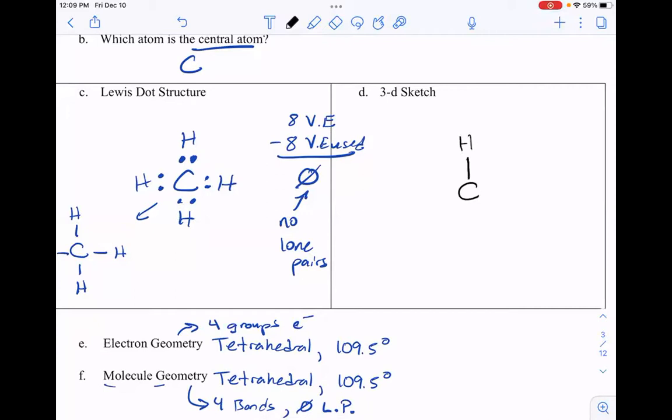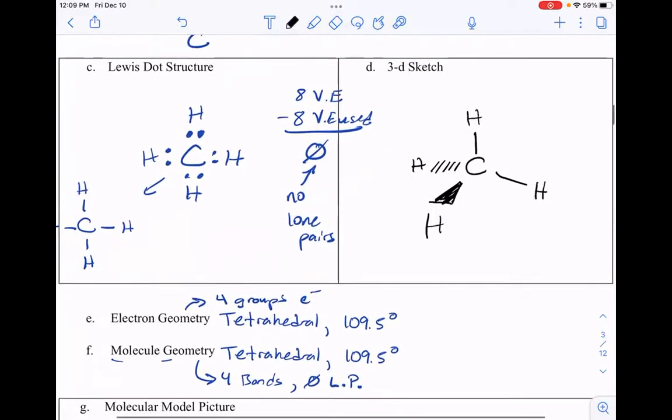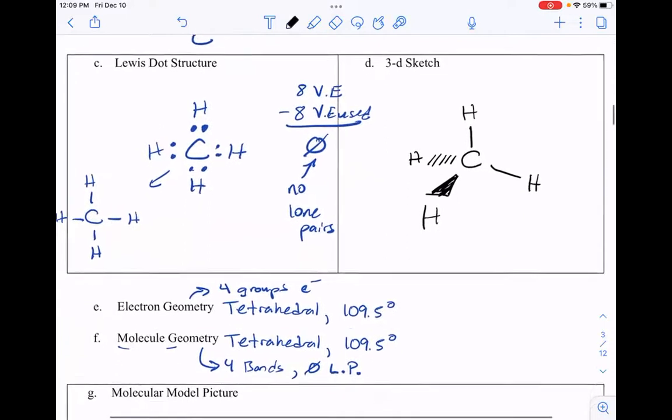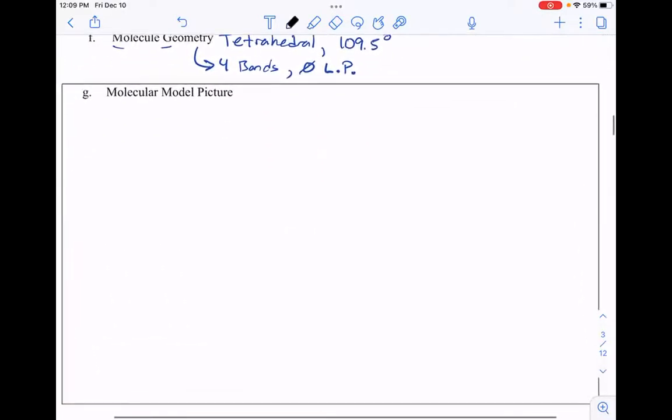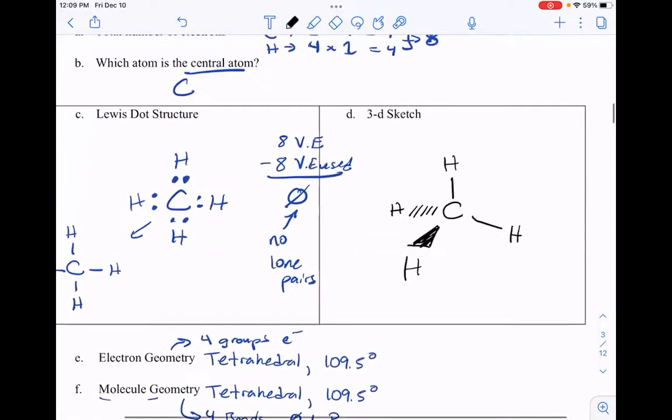I have two hydrogens that are in the same plane as the carbon, so normal lines. One hydrogen is in front of the carbon, so that's wedged. And one hydrogen is behind the carbon, so that's dashed. Does that make sense? Just make sure that you are taking a picture that represents the 3-dimensional sketch.